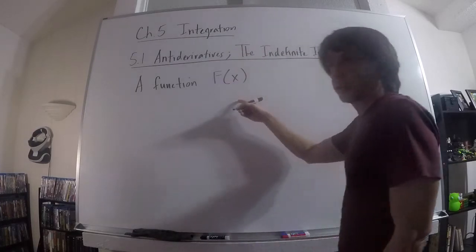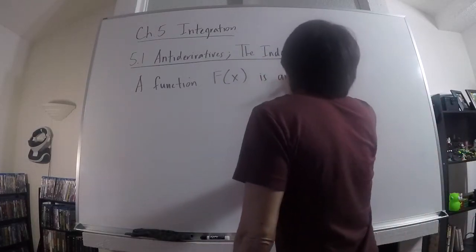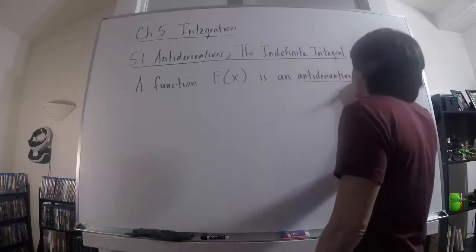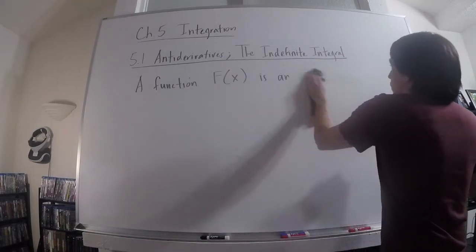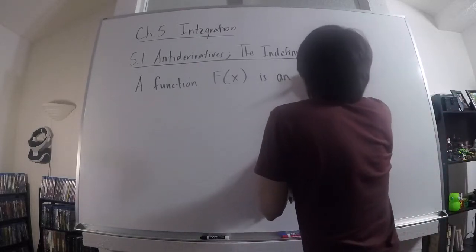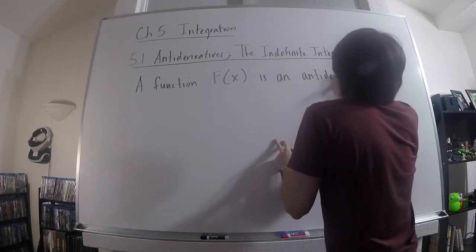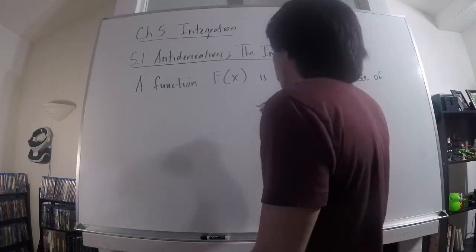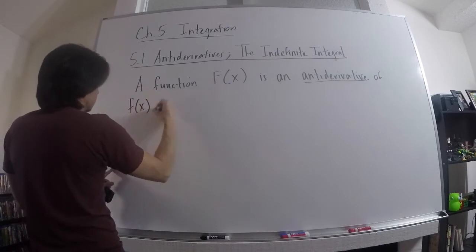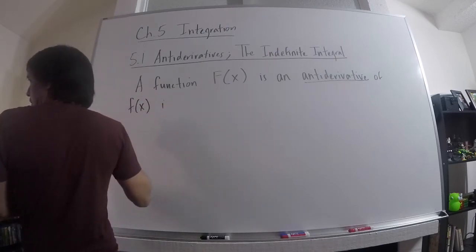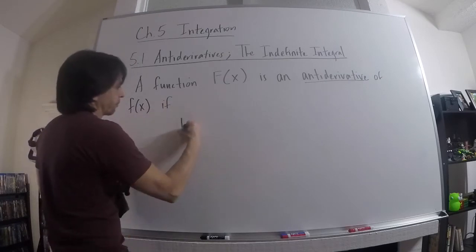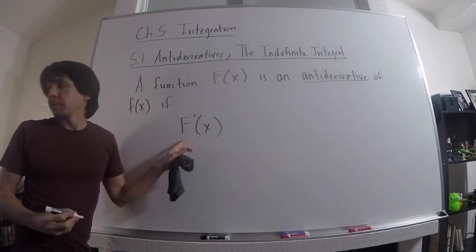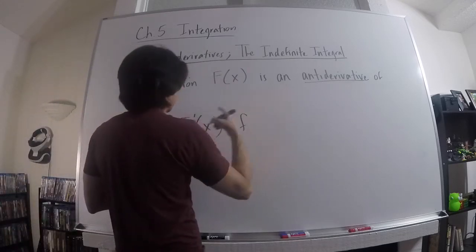So a function, capital F of x, is an antiderivative of f of x if the derivative of capital F is equal to little f of x.